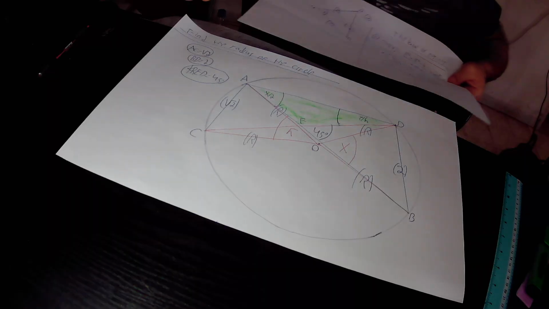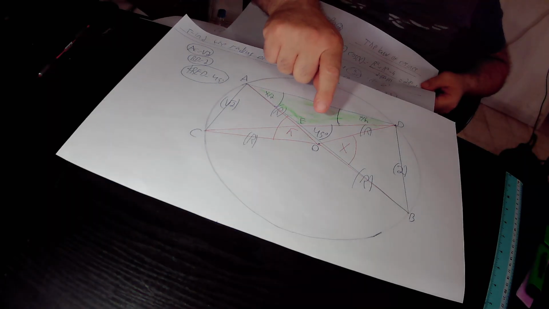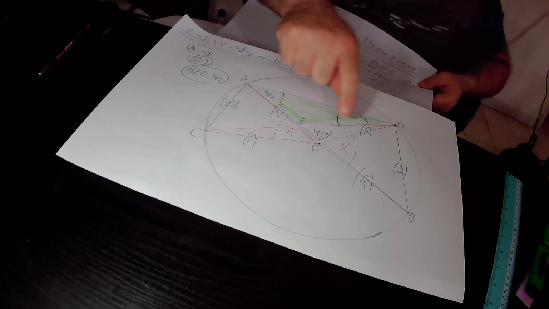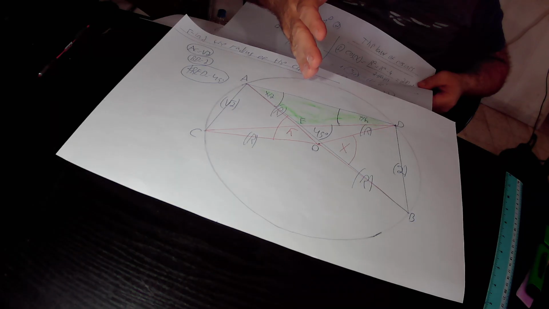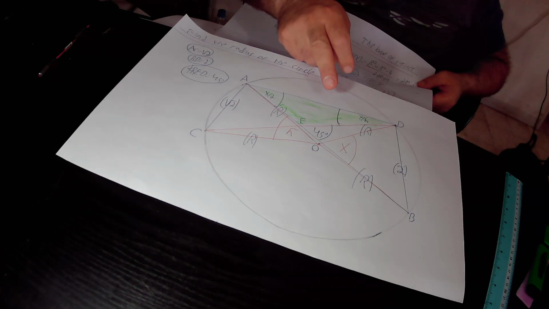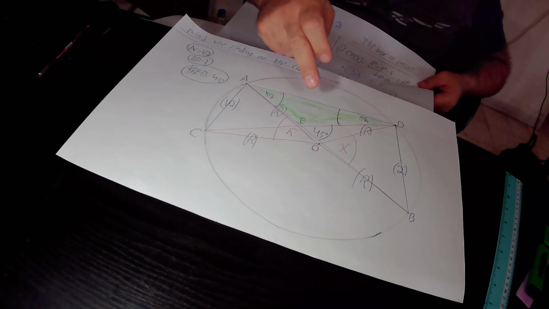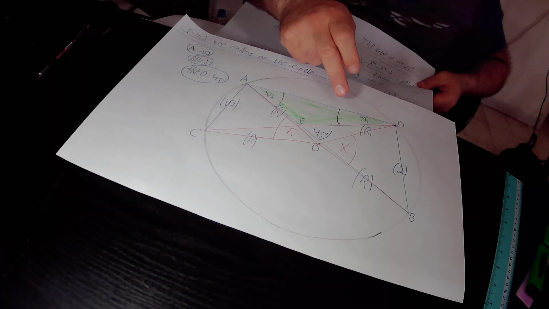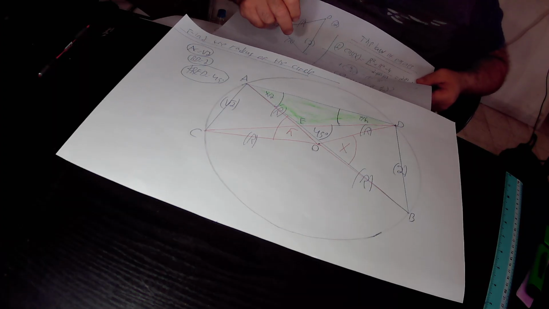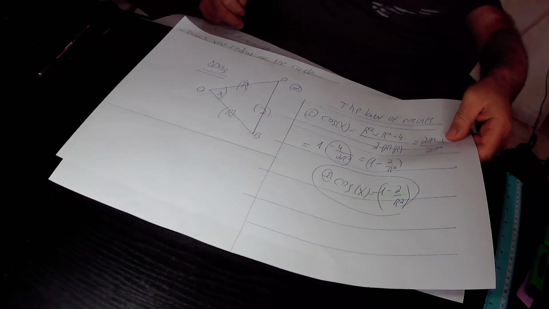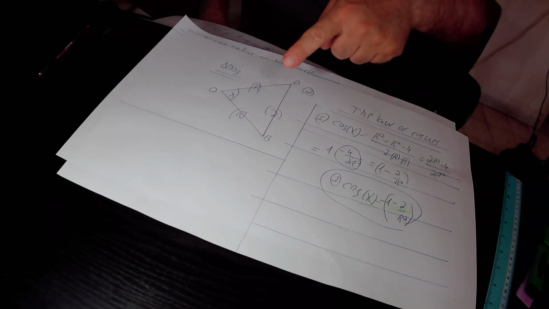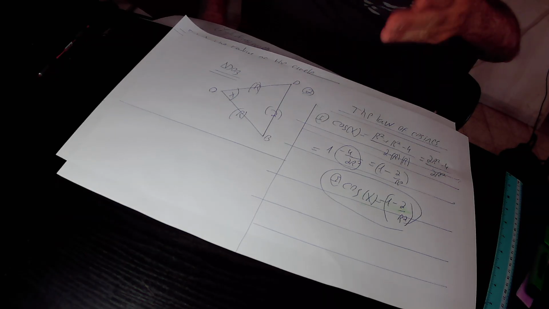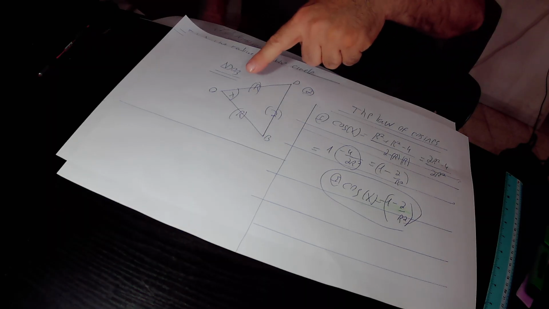We know that all four line segments OB, OC, OD, and OA are radii of this circle, which equals R according to our definition. So each of those four line segments is equal to R. Again, OD and OB are both radii of the circle, equal to R. DB equals 2 according to what is given in the question, and this is angle X.